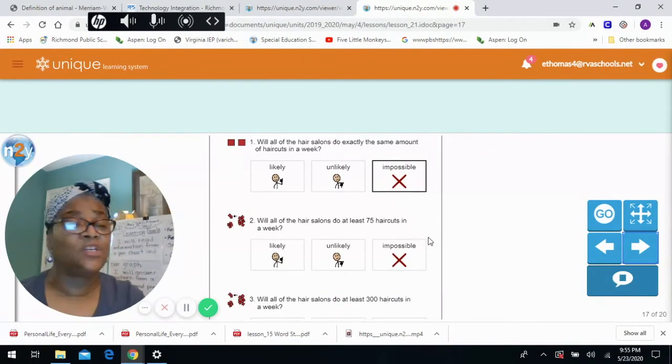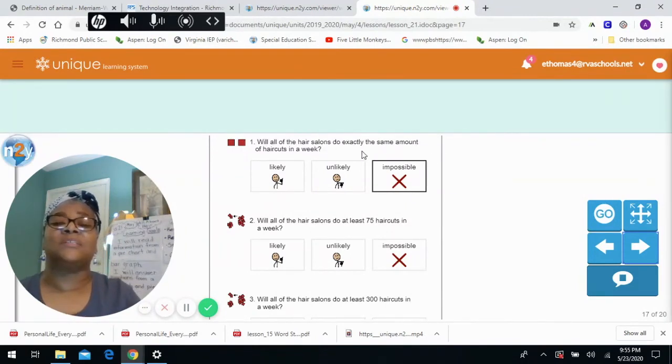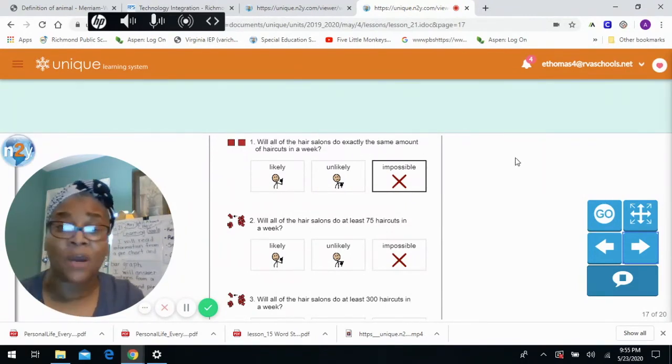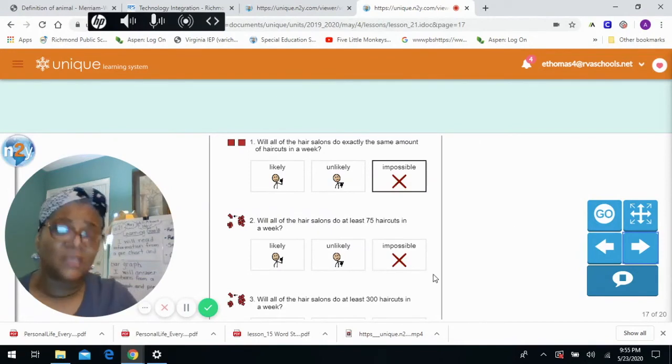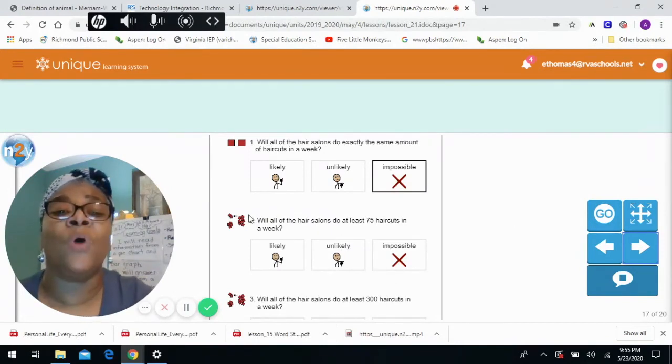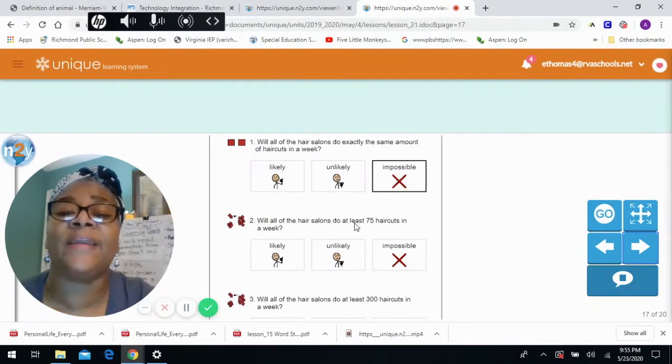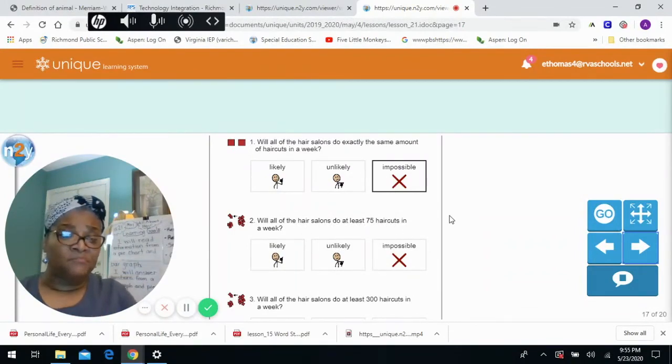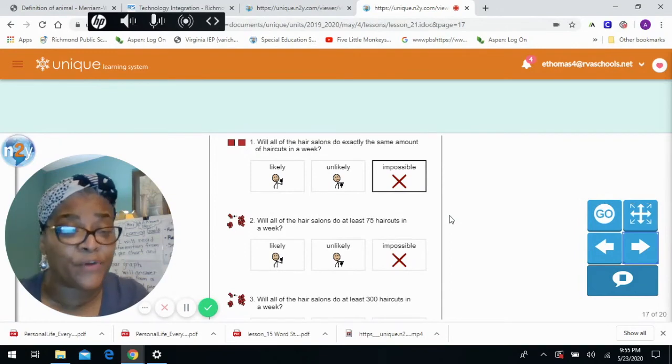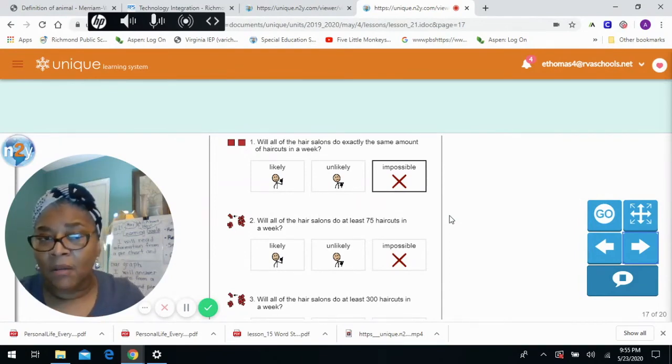No one has any control over what kind of hair they'll get, so they won't do the same amount of haircuts. Exactly the same means that all of them will have to do 10 haircuts. That's impossible. All right. Will all of the hair salons do at least 75 haircuts in a week? They said at least. So that's a variable. At least. Hmm.